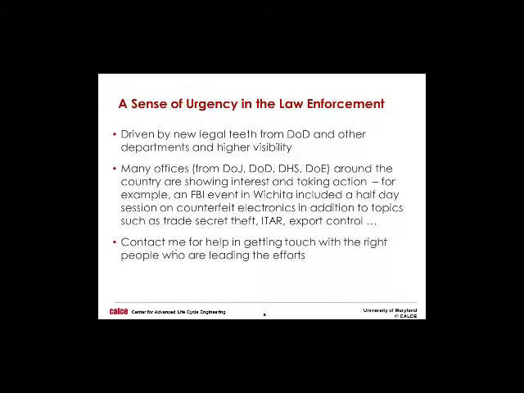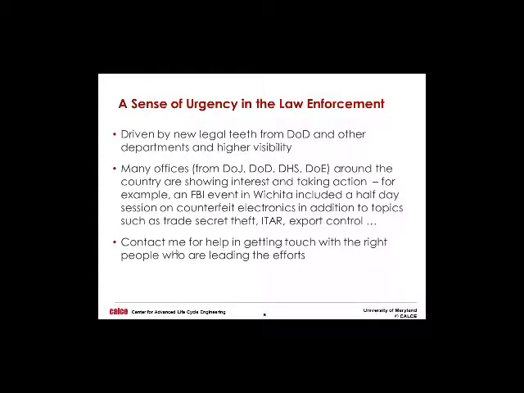Three weeks back, I was invited for a half-day session on counterfeit electronics at an event organized by the FBI, where the other topics were things like trade secret theft, ITAR control, and export control, so issues of a more law enforcement type. But they are warming up to the issue that we need to look at counterfeit electronics and topics of that nature. You can contact me to get in touch with the right people who are leading these efforts, and I'll be happy to do that.